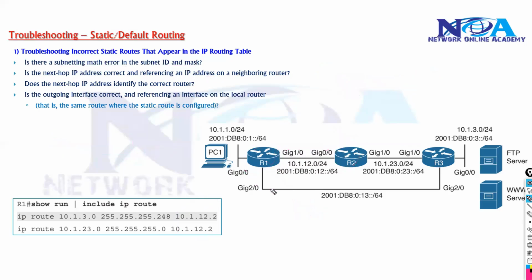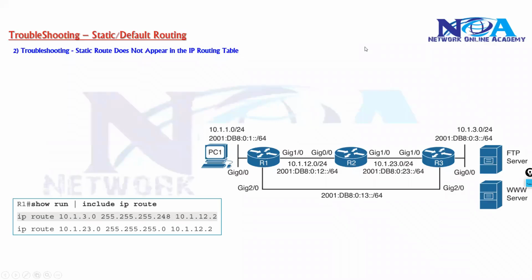So these are the specific things we need to check while troubleshooting incorrect static routes. Now, incorrect static routes, as I said, do exist in your routing table, but they are not correct. They are misconfigured in general. Now, the next thing is we also need to check the second part. In the second part, we are going to assume that the static routing configuration is perfect.